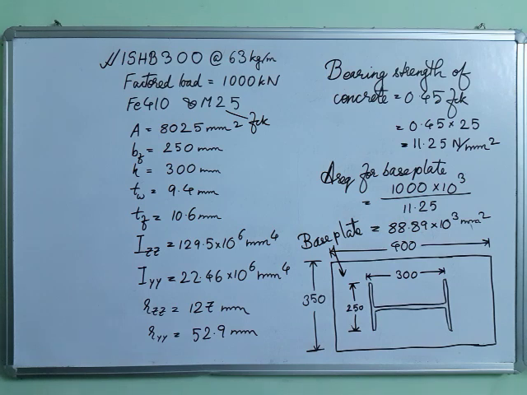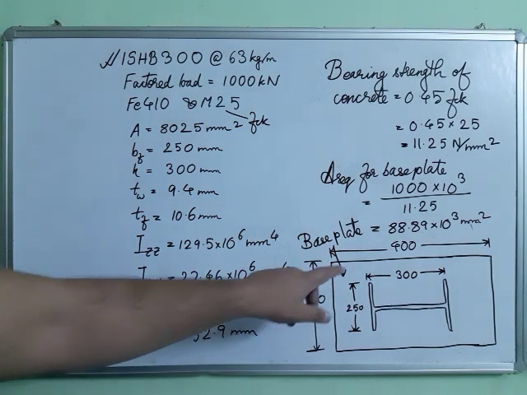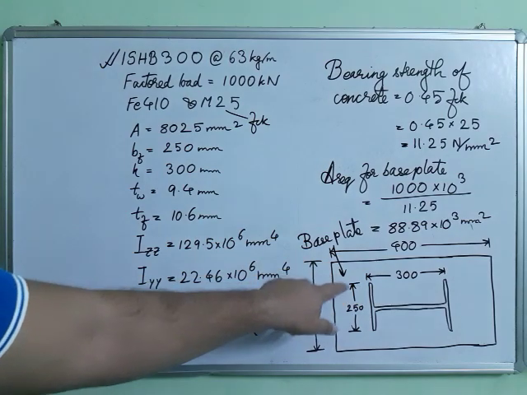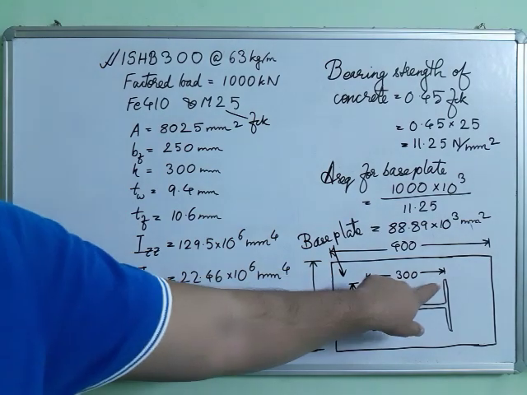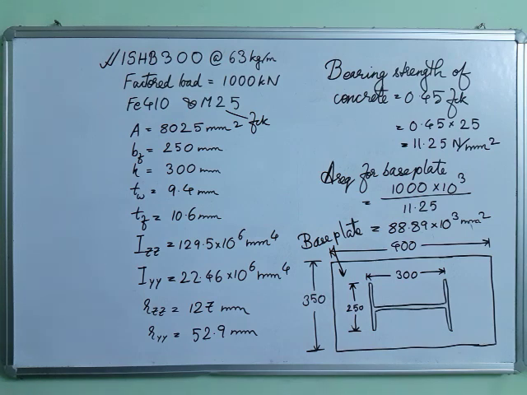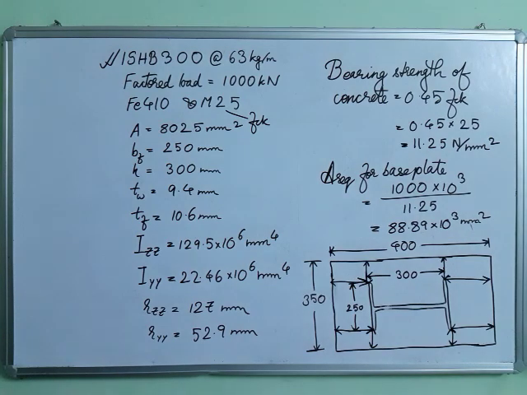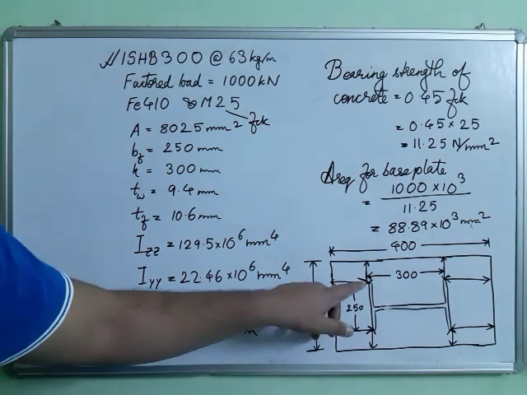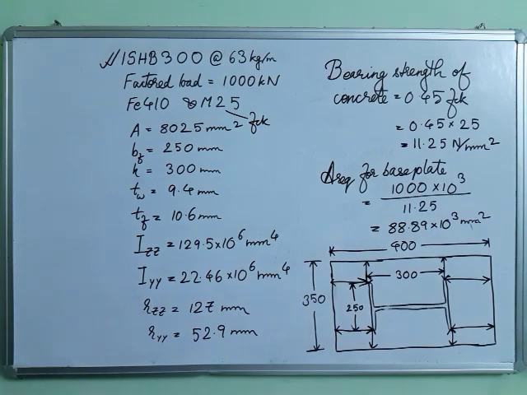Now what we will do is we will calculate the offsets from the edges of the base plate to these points. So let us calculate it. These are the dimensions that we need to find.